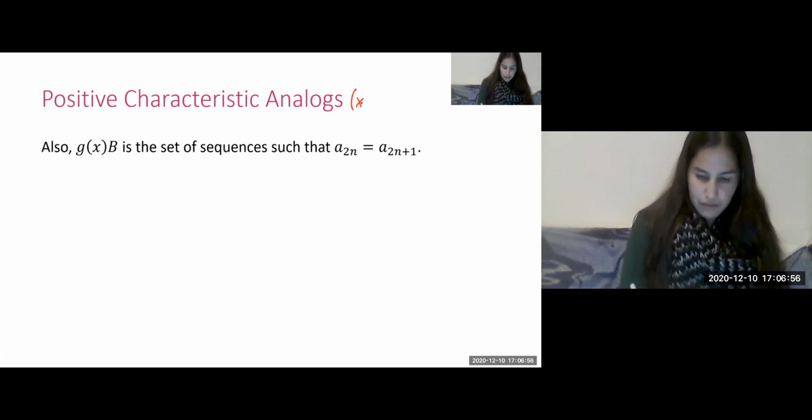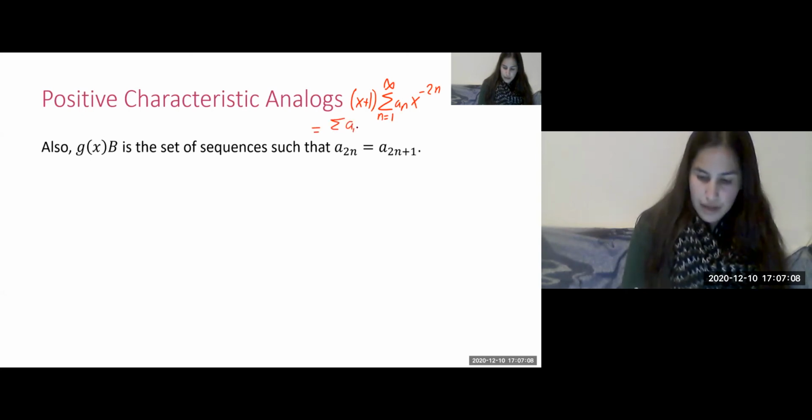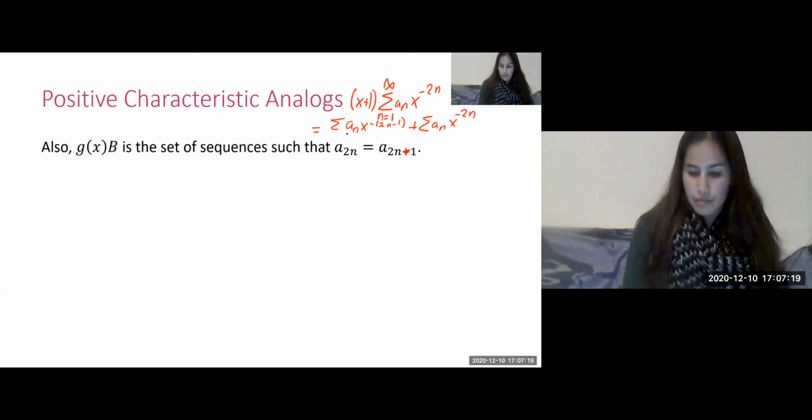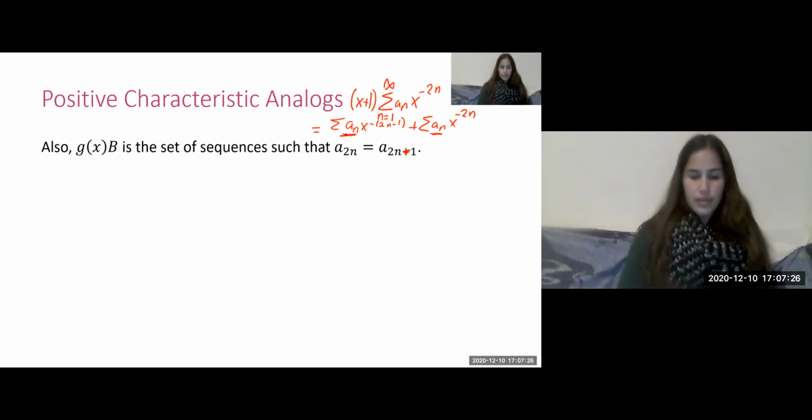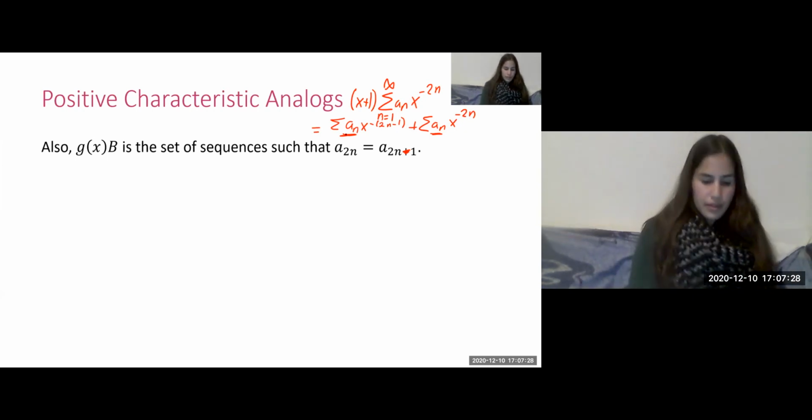That's because if you take x plus 1 times some sequence, the sum over n from 1 to infinity of a_n times x to the minus 2n, then on the one hand we get the sum of a_n times x to the minus 2n minus 1, plus, so this maybe should be minus, the sum of a_n x to the minus 2n. That says that a_2n would be equal to a_(2n minus 1). So that's this set here.